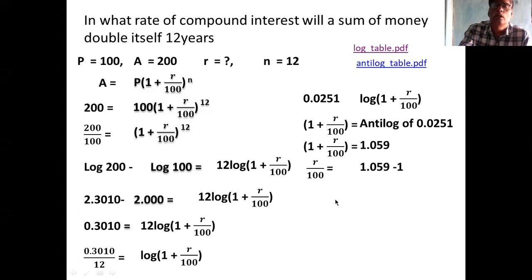1.059 minus 1. And r by 100 is equal to 0.059.